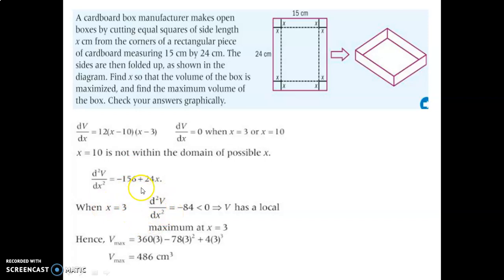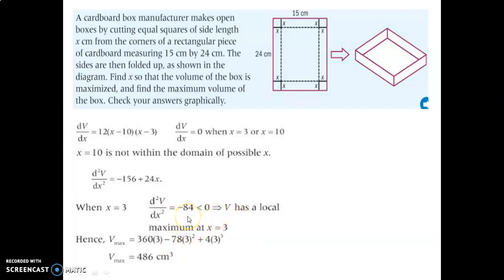So right into here we put 3, and that gave us a negative value. And what that tells us, if you remember, the second derivative test tells us when a function is either concave up or concave down. So this function, by seeing a negative second derivative value, we know at x equals 3 it is concave down. And if something is concave down, it means that point must be a maximum point. So that's what we concluded here.